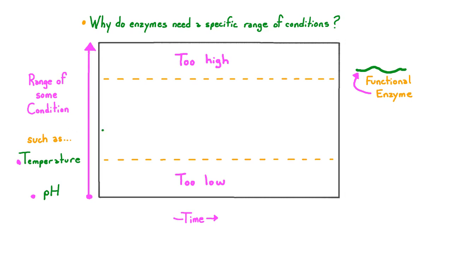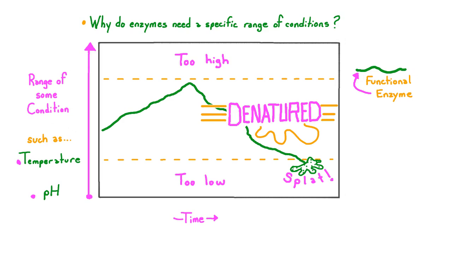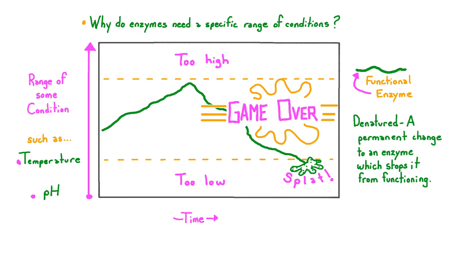So here we go, we have to keep that car in the range of conditions where this enzyme is going to keep working, and looks like we're doing a bad job, we're getting too high, but oh yeah, we saved it. All right. We're not really straightening out, though. We're getting too low. Uh-oh. And splat. Our enzyme is denatured, which means game over for our enzyme.